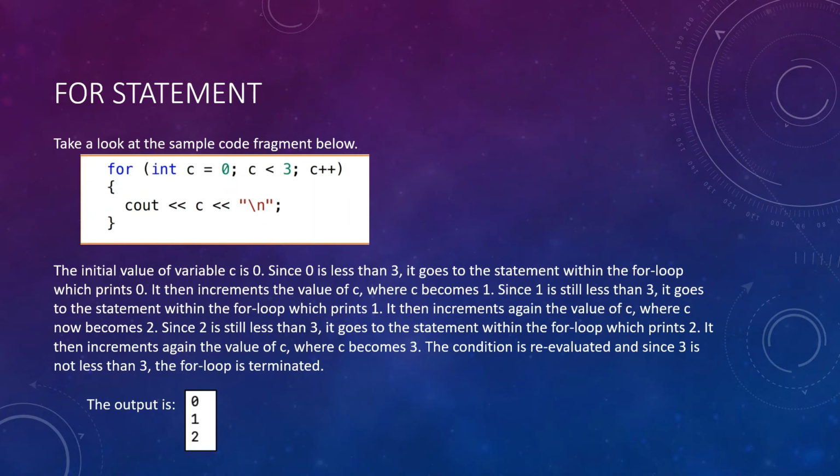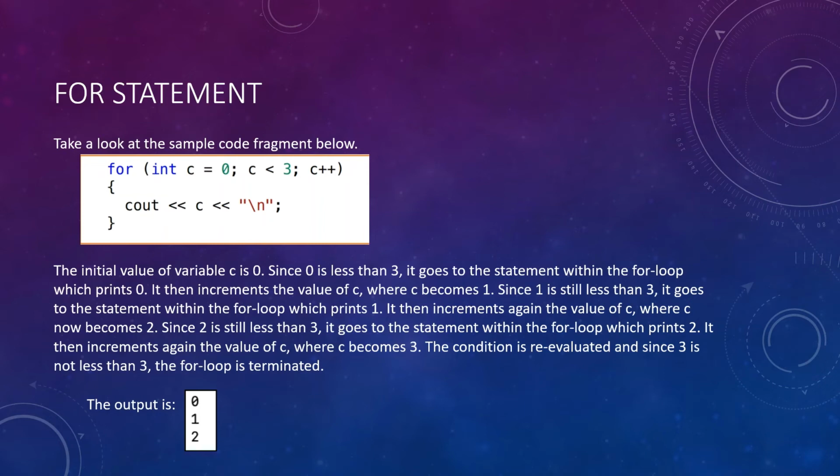Take a look at the sample code fragment below. The initial value of variable c is 0. Since 0 is less than 3, it goes to the statement within the for loop which prints 0. It then increments the value of c, where c becomes 1. Since 1 is still less than 3, it goes to the statement within the for loop which prints 1.